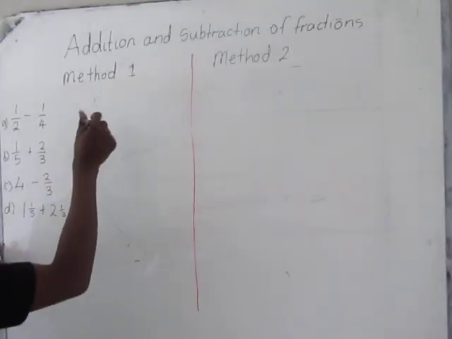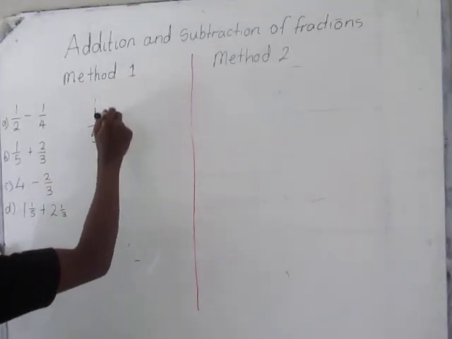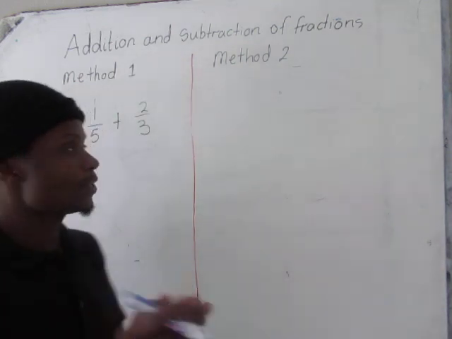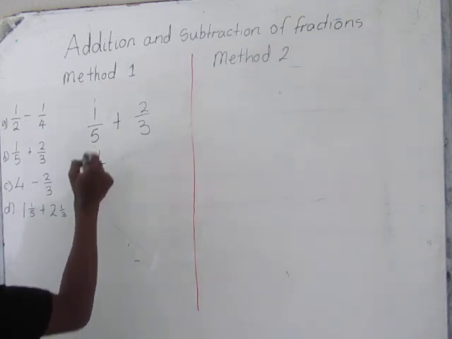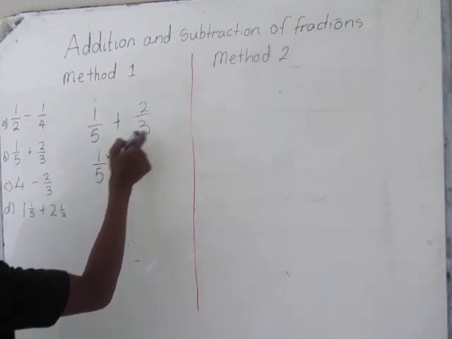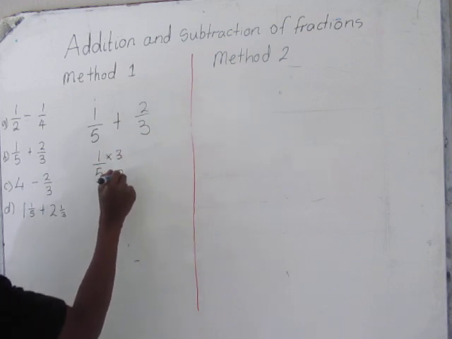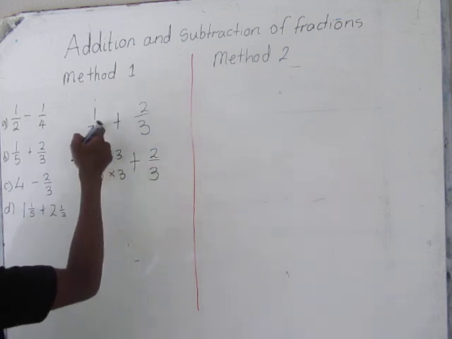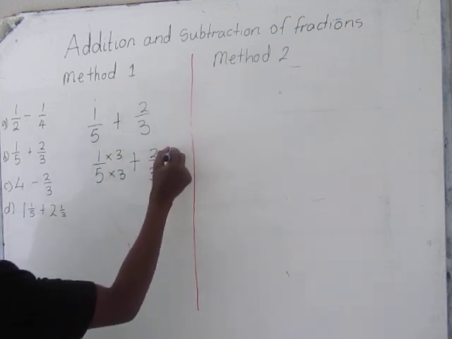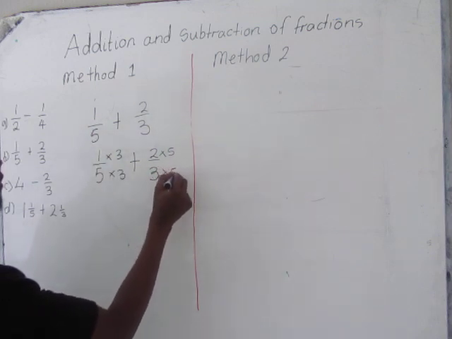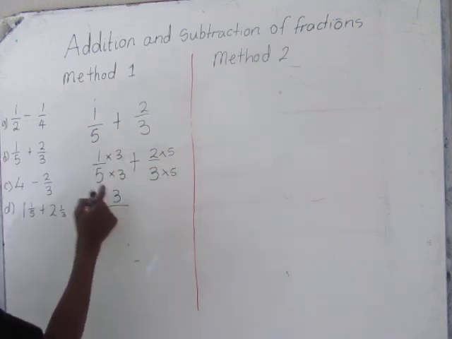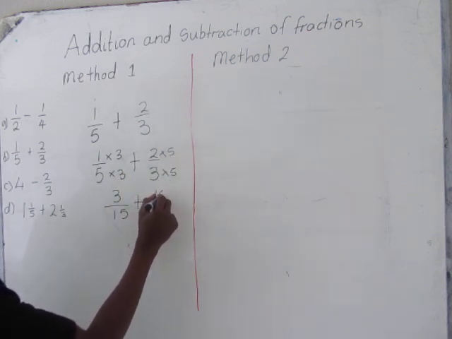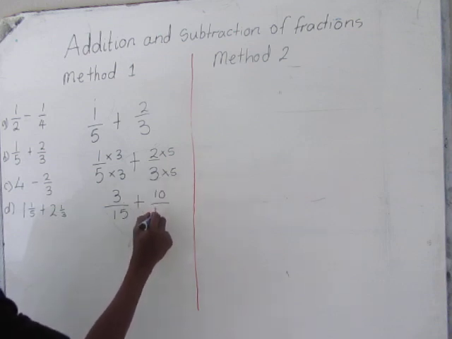We have another fraction here that says 1 over 5 plus 2 over 3. Here the denominators are not the same. So what do we do? We multiply the first fraction by the denominator of the second fraction, and we multiply our second fraction by the denominator of the first fraction, which is 5. 1 times 3 we get 3 over 5 times 3 we get 15, plus 2 times 5 we get 10 over 3 times 5 we get 15.